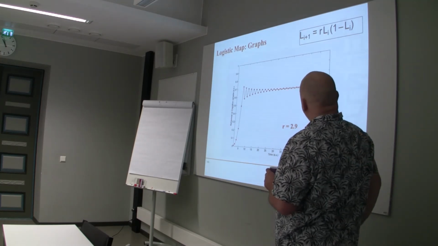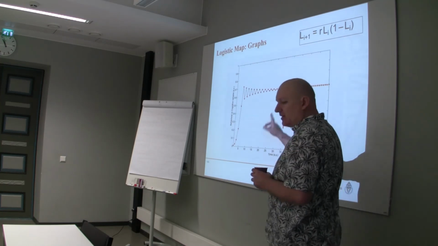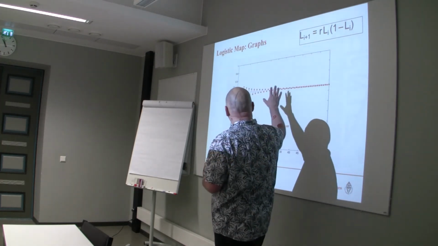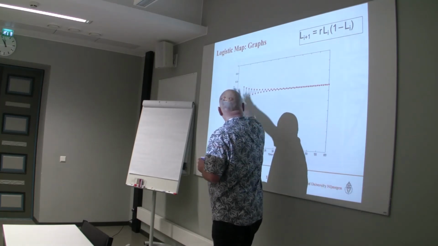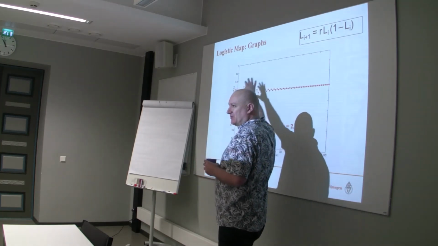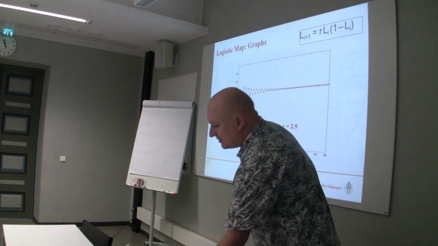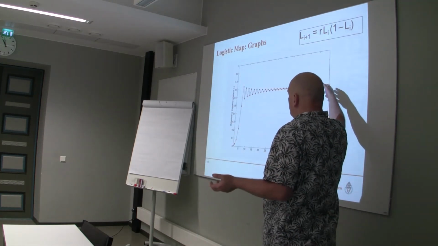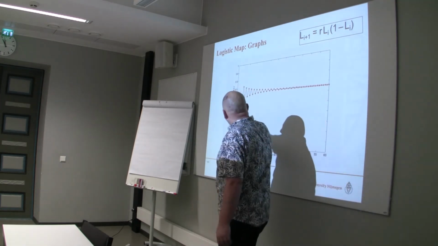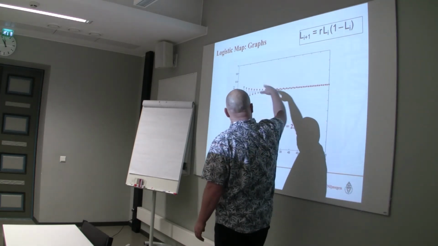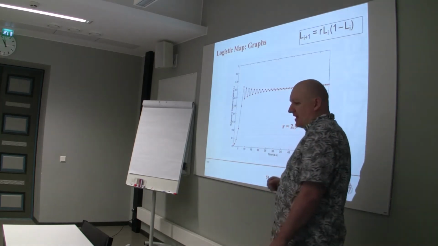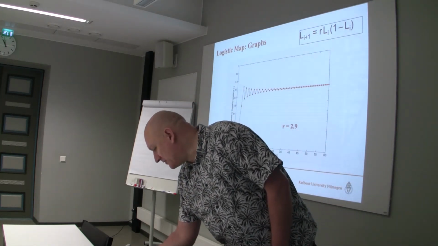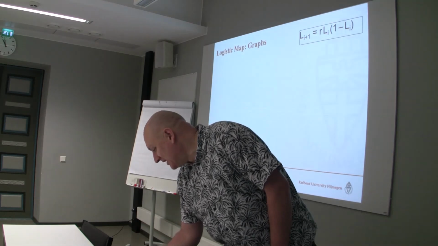What we call this type of behavior is transient behavior. So first, before the system can settle into a kind of stable state, we have this period where it's doing a lot of things, and then it dies down and stays at one value. At least for this parameter setting, it stays at one value.